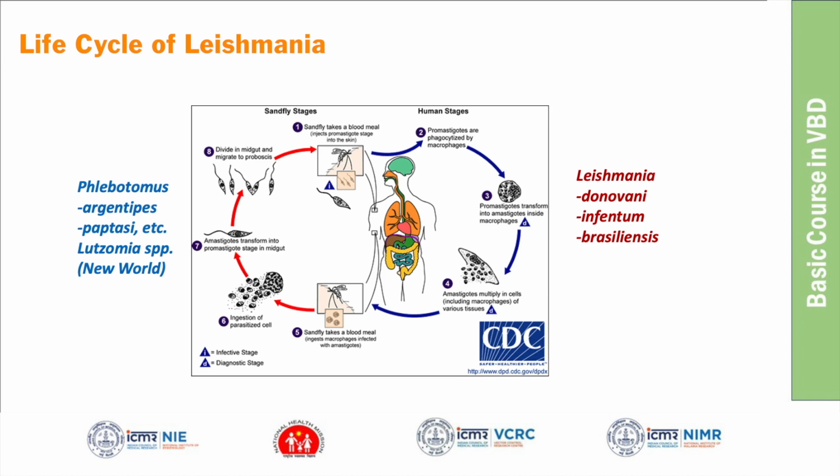Interestingly, this species in Kerala causes both cutaneous leishmaniasis as well as visceral leishmaniasis. So here also, it's the direct transmission from human via the vector to the next human host.